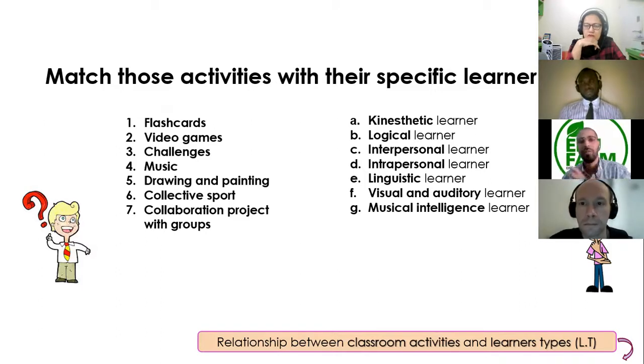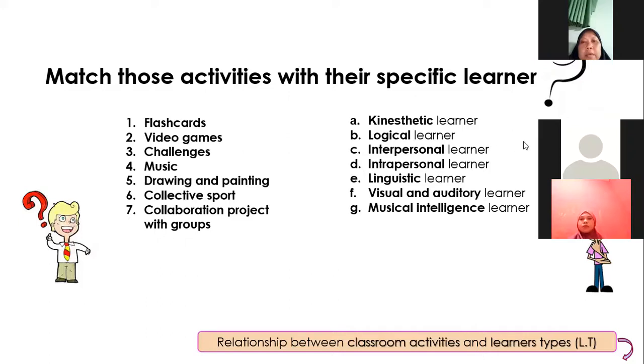So a student doesn't have only one style; they can have multiple styles. That gives you more opportunities to think about the activities for the lesson you want to teach. Let's explain more in the next slide.